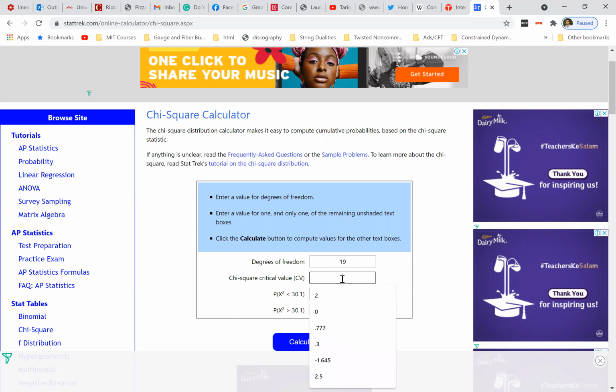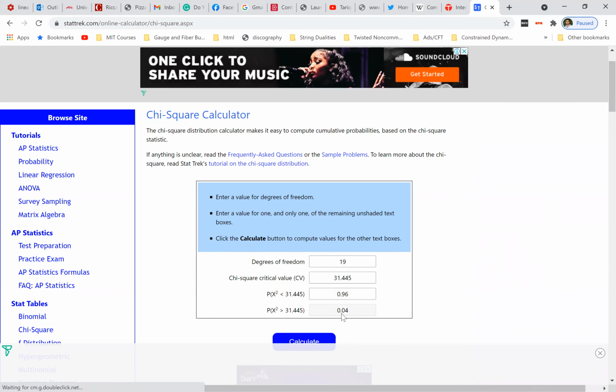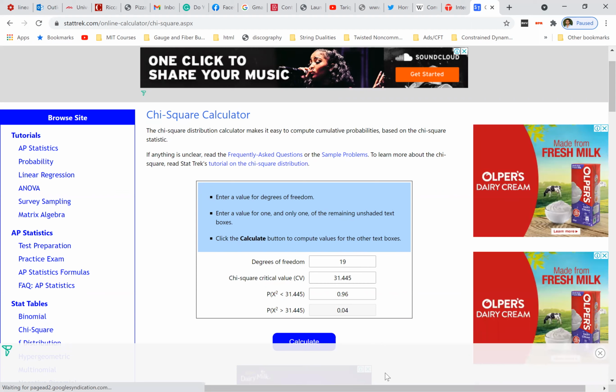This time you know what the critical value is, and you are computing the probability above it. So it's 0.004. So the p-value is 0.04.